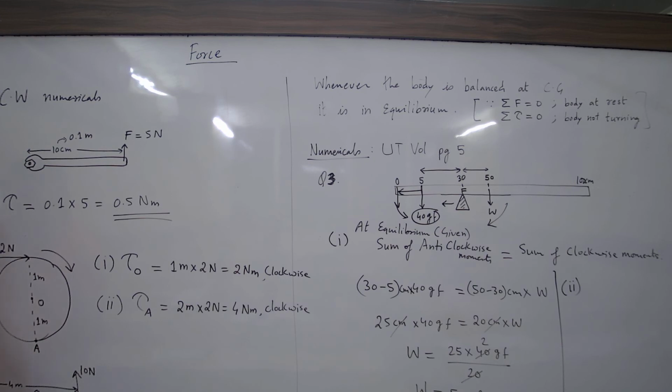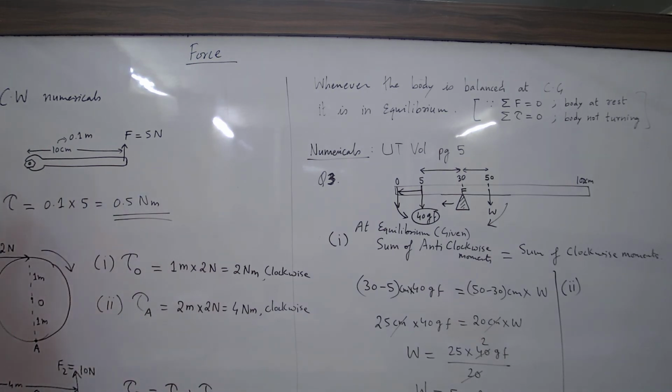Right? So let's call F1 is equal to 10 and F2 is equal to 10. Both forces are same. So what will be resultant moment? There are two moments of forces, right?